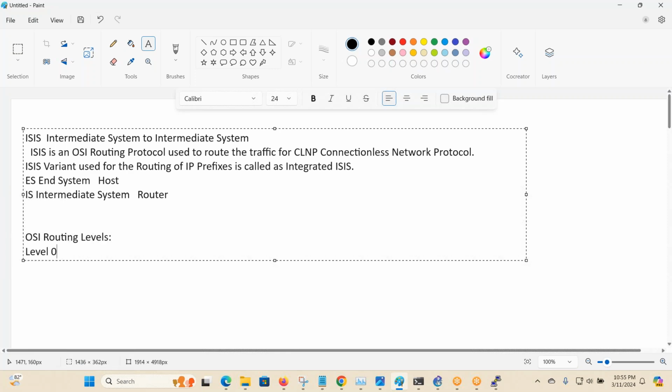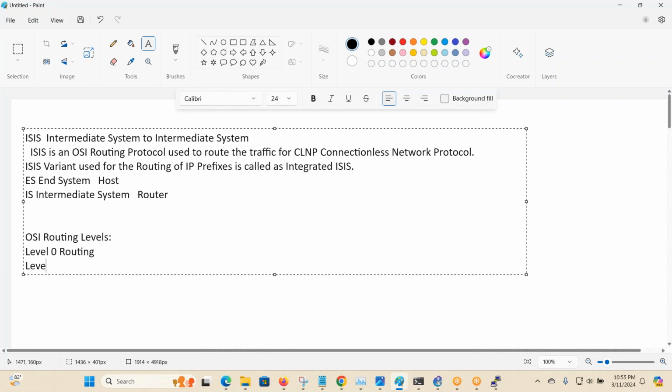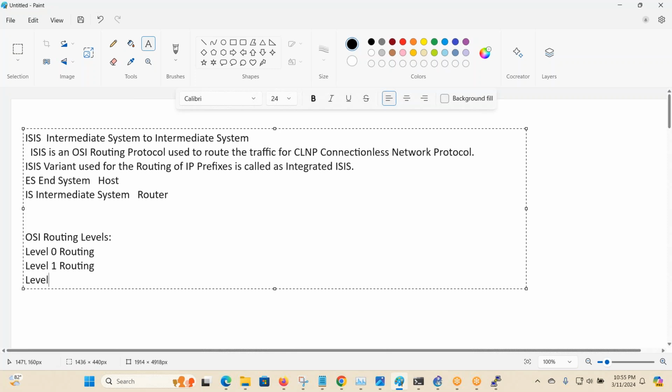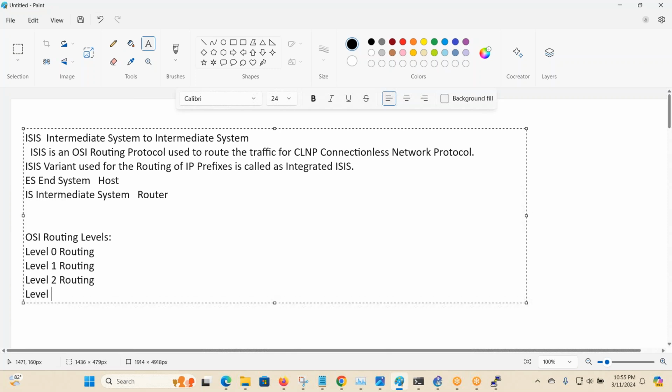The first one is called level 0 routing. The second one is called level 1 routing. Then we have level 2 routing. Then we have level 3 routing.